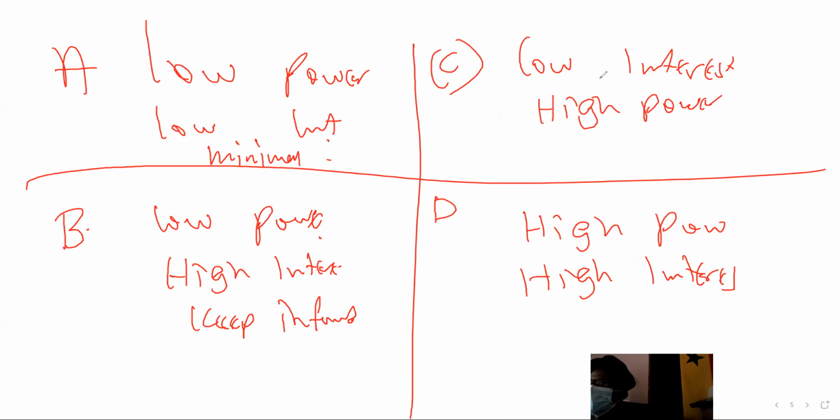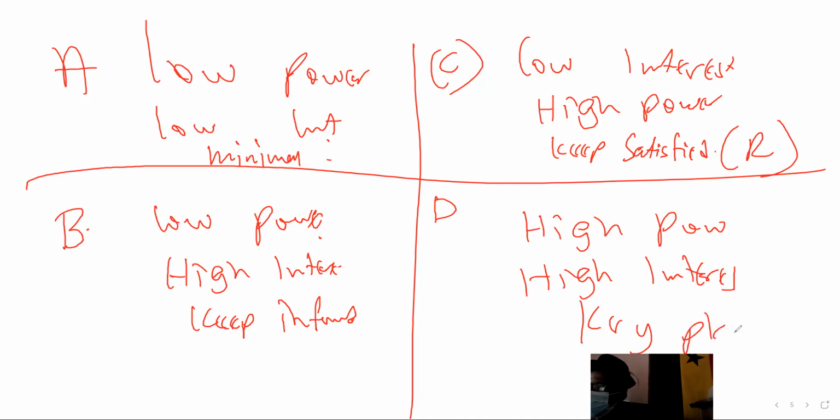Again, if the interest is low, power is high, the dangerous people, you keep satisfied. And that's the regulatory agencies. Finally, this one, these are the key players. I'm done. Please, I hope you get it.